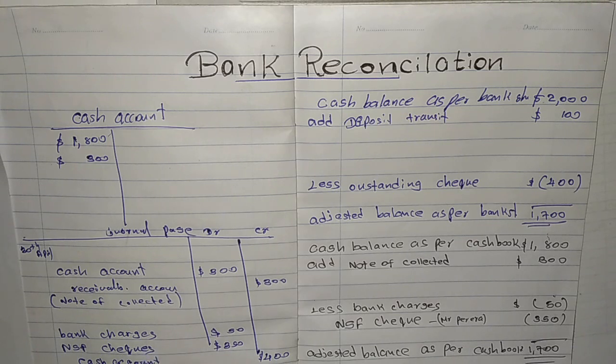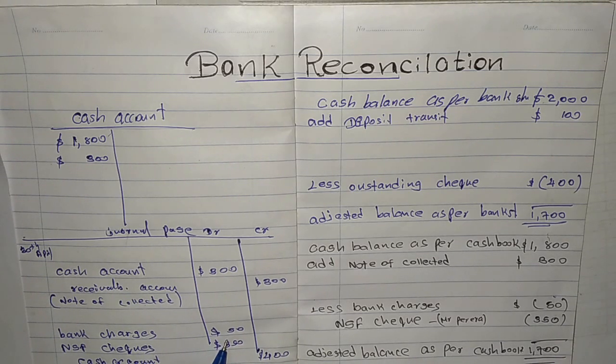We are going to call it bank charges expense, service charges, and I'm going to call it bank charges. Bank charges is $50. We also have the NSF check. We don't have an account called NSF check. This is really a customer check that bounced. That customer still owes us money.